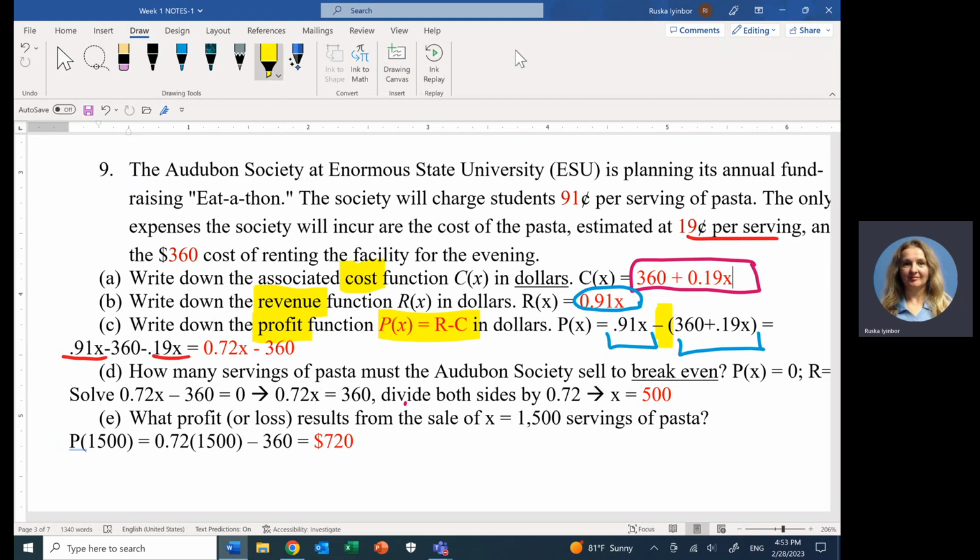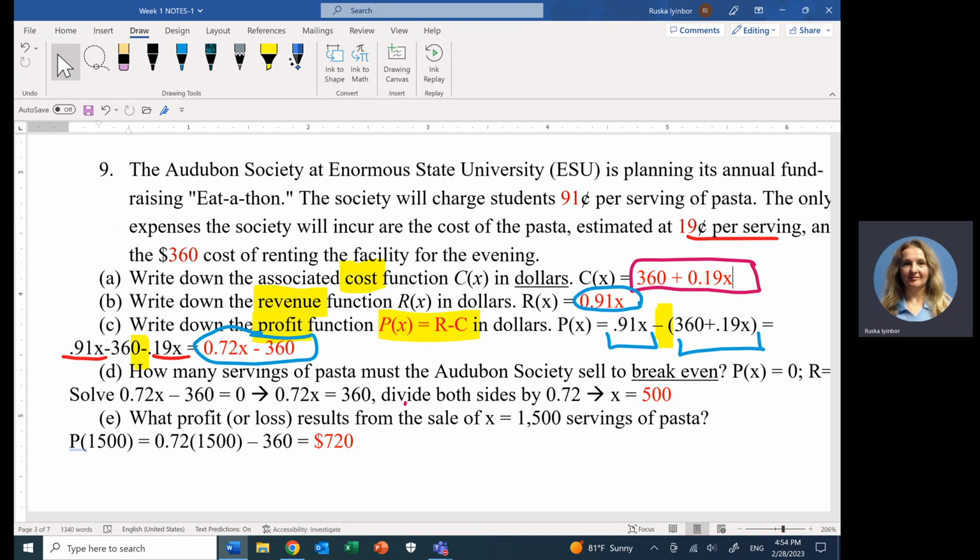Then you combine 0.91 minus 0.19. When you subtract those, 91 minus 19 gives me 0.72, and then minus 360. So after you simplify, this should be the final answer for the profit function. Okay? So revenue minus cost gives me the profit.